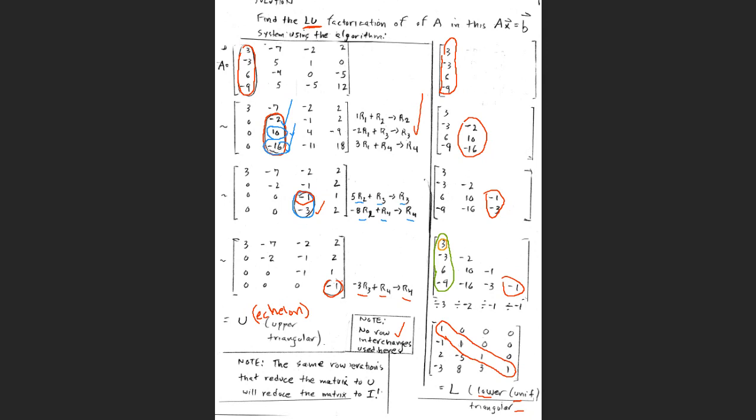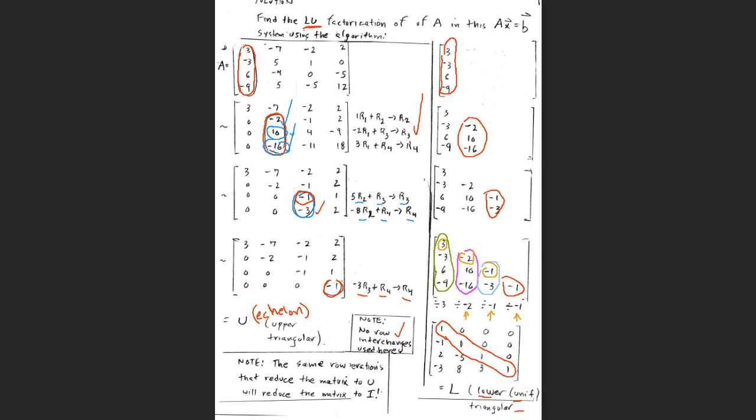The second column has negative 2, 10, and negative 16 in it. Well, where the negative 2 is, I want a 1 there. So I'm going to divide by negative 2, second column. Similarly, I'll divide by negative 1 on the third column, because I want to have a negative 1, a positive 1, I should say, where the negative 1 is. So I'll divide by negative 1. And then I'll divide by negative 1 on the fourth row also.